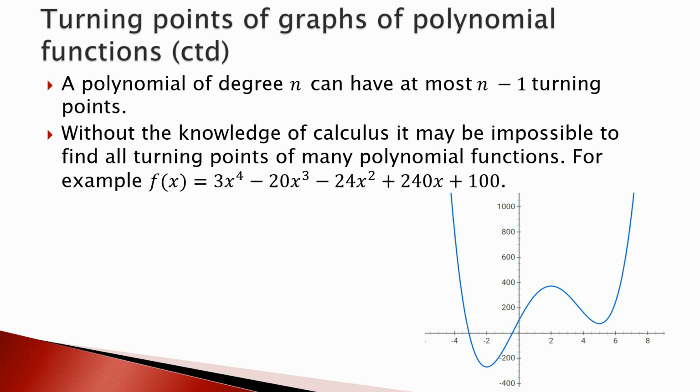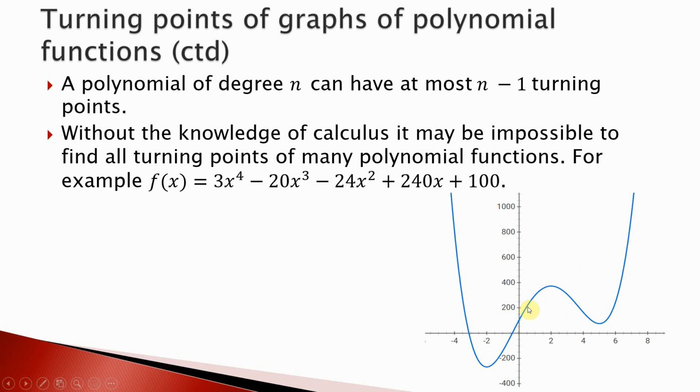For example, here you have 2 turning points, so this one would be impossible to think of. Sometimes it can be 1 turning point, and instead of having 2 turning points here, it can be like this.